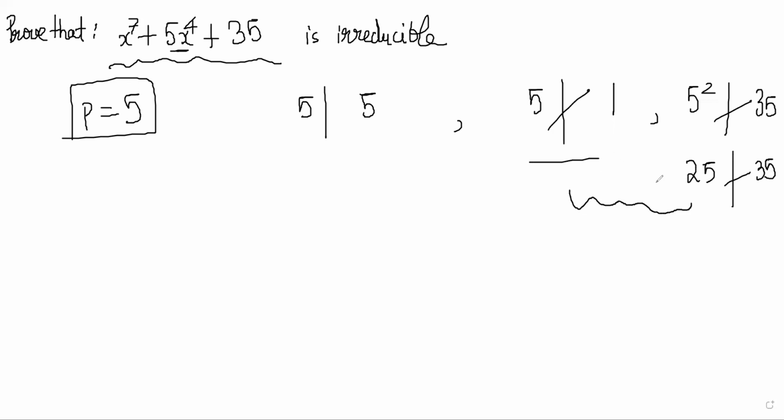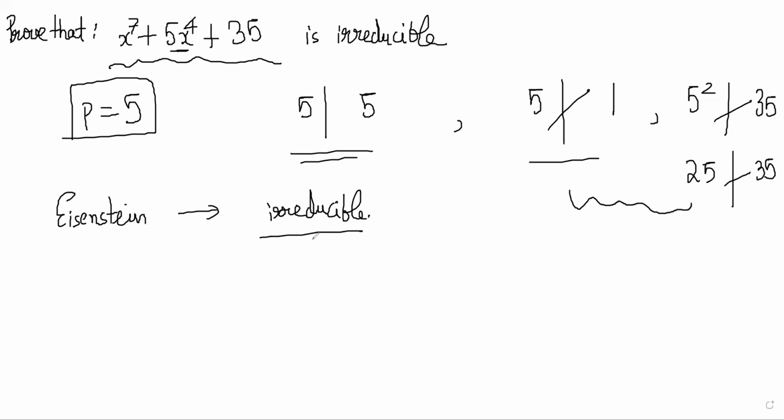So these are the first two criteria. And this is the last condition. All the other coefficients are divisible by 5. So by Eisenstein, we know that this polynomial cannot be factorized any further into integer polynomials. This is irreducible, right? So that is a simple way in which you can test if a function is irreducible or not, right? Let's go to the next example and the next criteria actually.